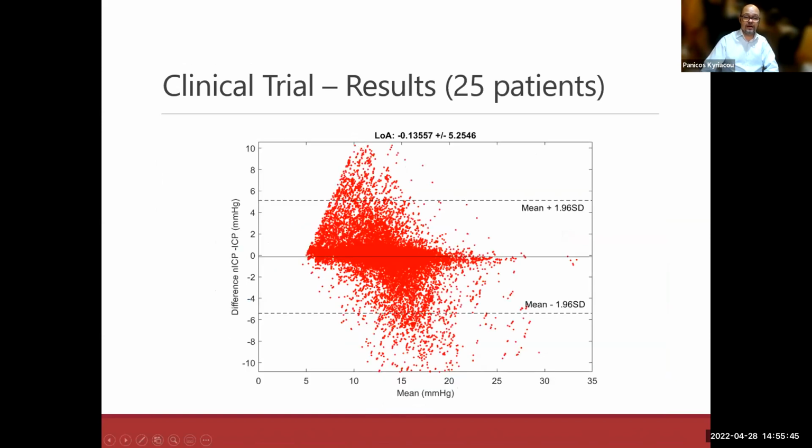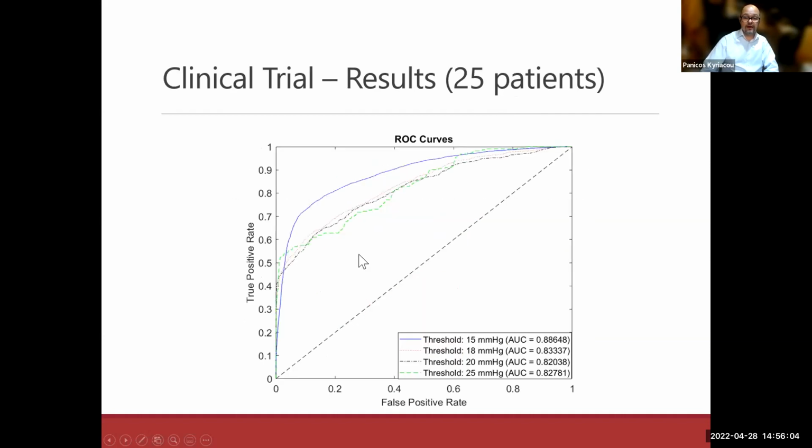We can see here the limits of agreement of, again, these 25 patients between the mean pressure and the difference between NICP and ICP. Again, very good agreement, very good mean. And you can see some results, summarizing results of the ROC curves.